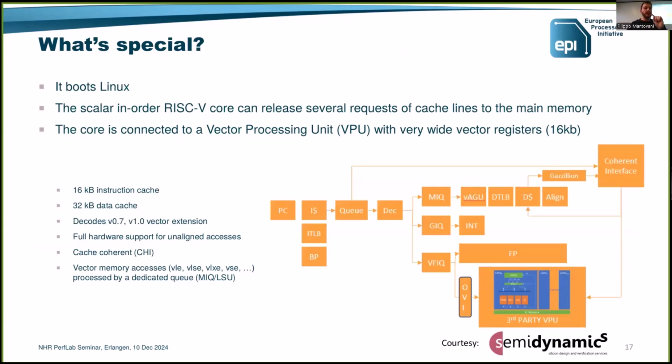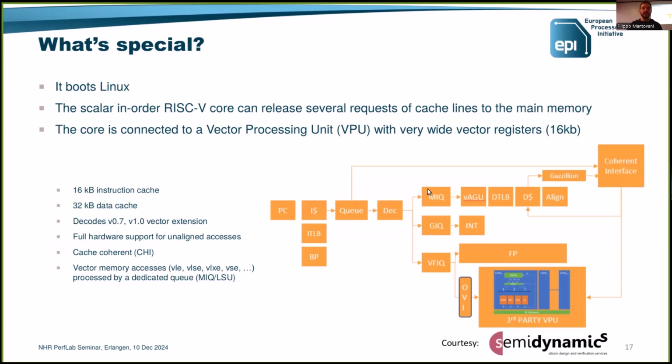Now, the first special thing is that we have this Avispado core. It is an in-order RISC-V core that has 3 features that are a little bit special. First, it runs Linux. It's useful. Second, it is in order and can release several requests of cache lines to the main memory.